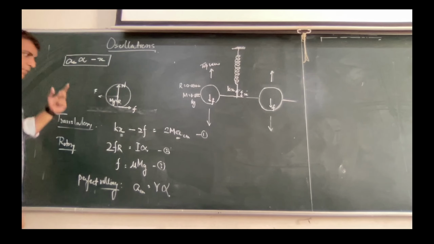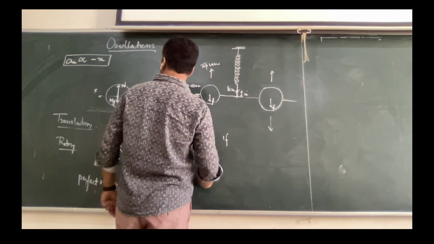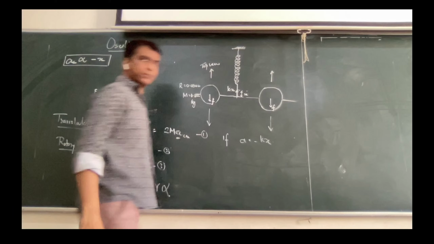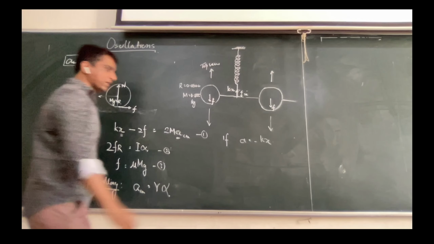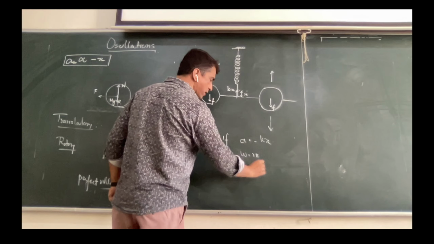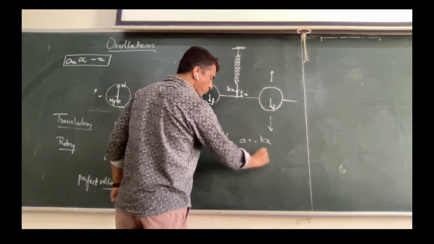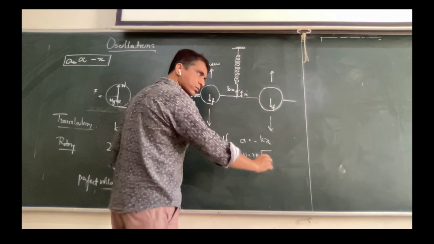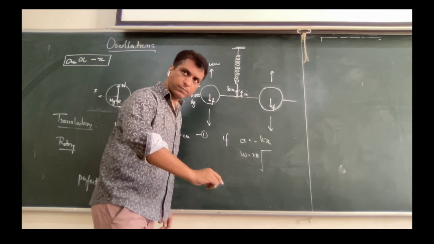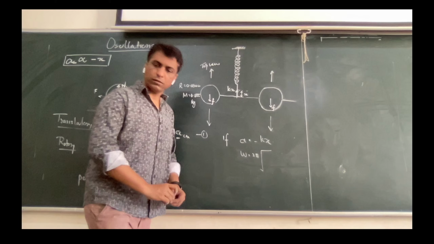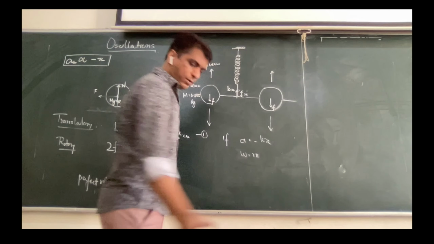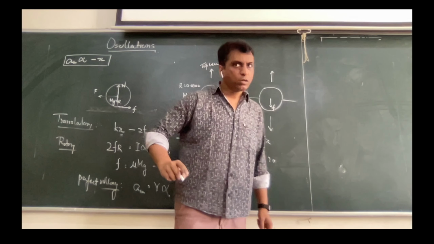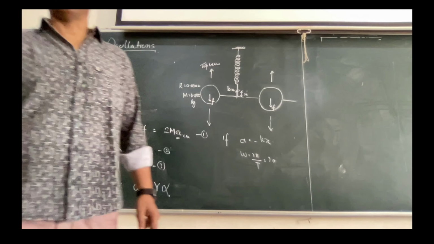Right? Remember that if A is equal to minus kx, then we know that omega is 2 pi upon T, and T is root m by k, right?